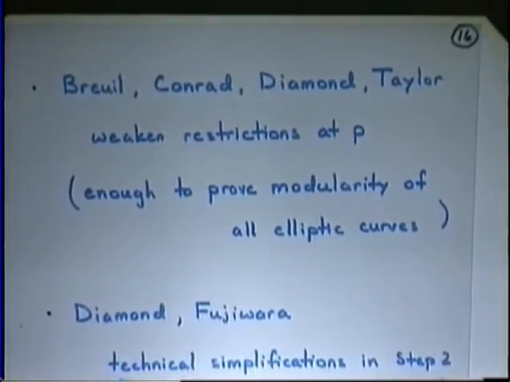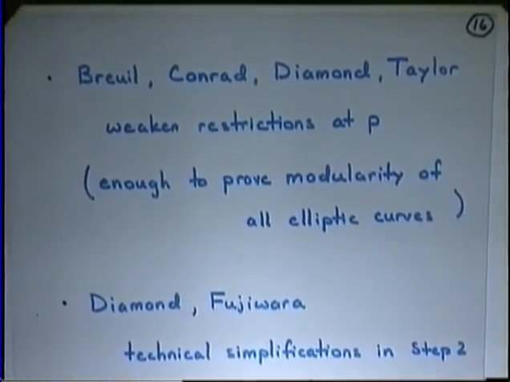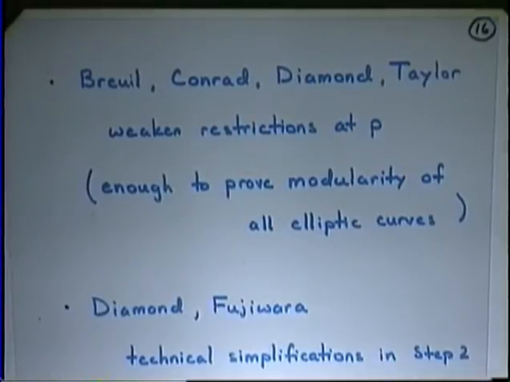And of course, being that much closer to the full modularity of all elliptic curves, people started working very hard on this, and there are a couple of papers, the first by Conrad, Diamond, and Taylor, which weakened the restrictions at p, so you allow just one of these potential semi-stable conditions, so that maybe you become flat or ordinary over a finite extension.